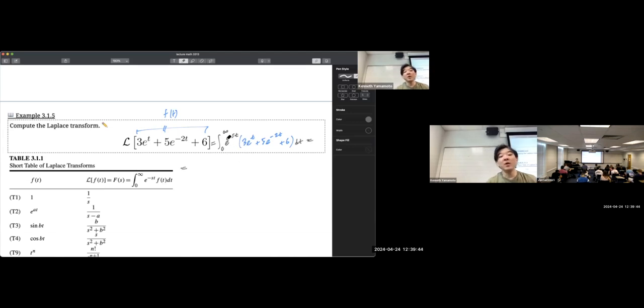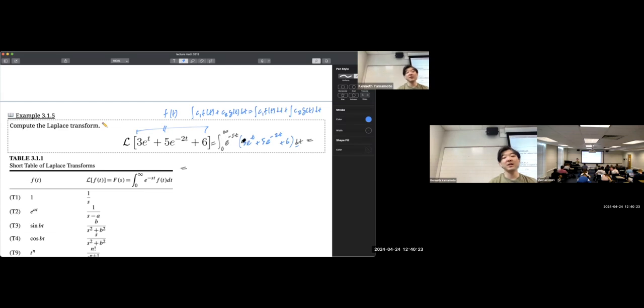But we know that integrals can split because of linearity, right? So because of linearity, we know, from calc 1 probably, that if you had the integral of C1 f of t plus C2 g of t dt, you could split it as the integral of C1 f of t plus the integral of C2 g of t dt.